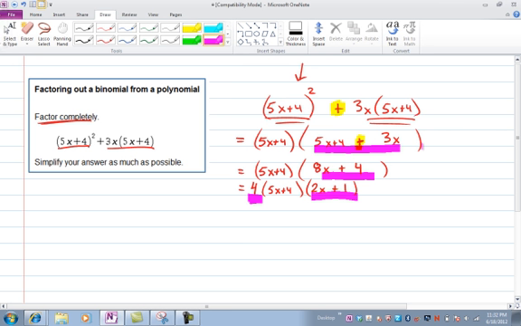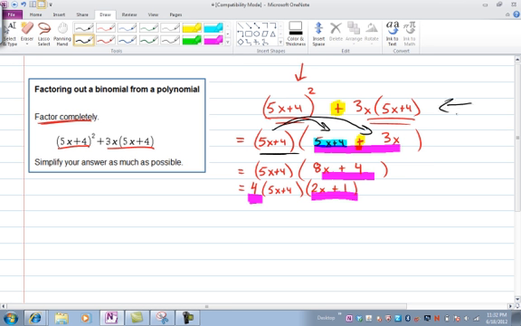And now, if you want to consider the 5x plus 4 as one term, and I'm talking about this 5x plus 4, and then imagine with the distributive property, this 5x plus 4, and distribute it here and here, you would have exactly what we have on the original line.